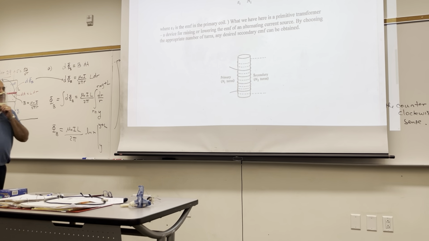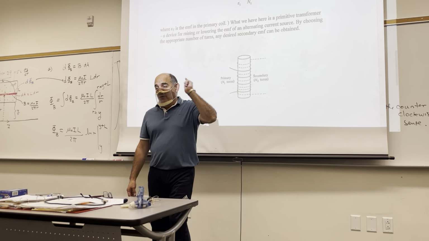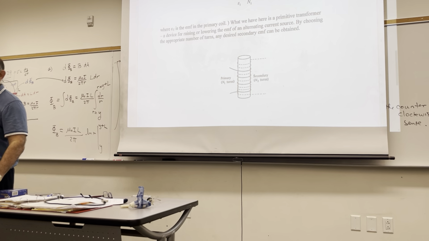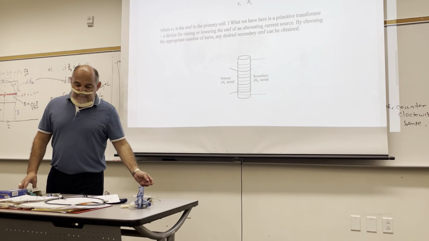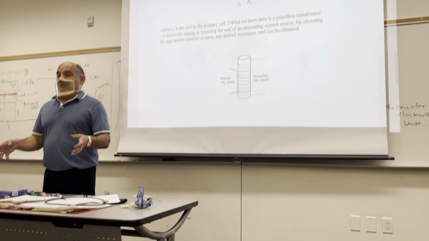In the transformer there are 2 coils. What we're going to do next week in the lab, and it's going to be the last lab that we do, is I'm going to give you a transformer to build.